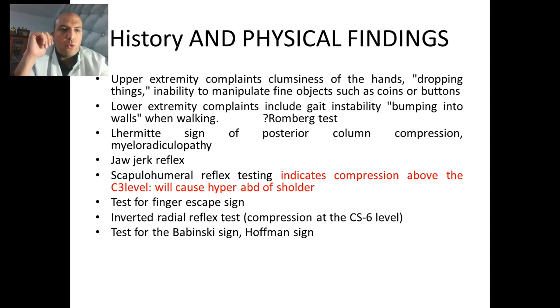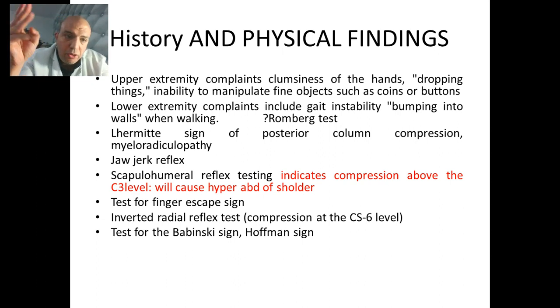So upper and lower limb. The lower limb manifestation in the form of unsteady gait is called the Romberg sign. For normal walking, you need eye and ear, a good ear and a good eye, and the sense of proprioception of the joints received by the posterior column of the cervical cord.